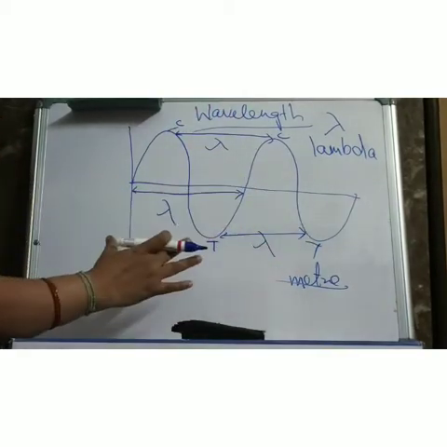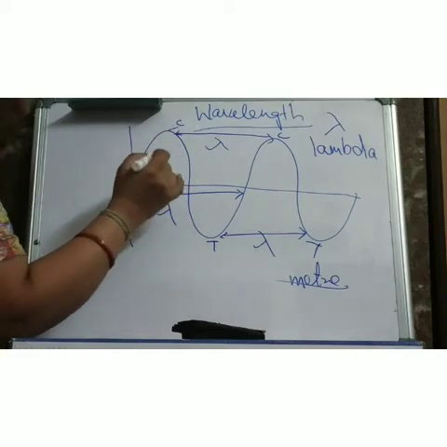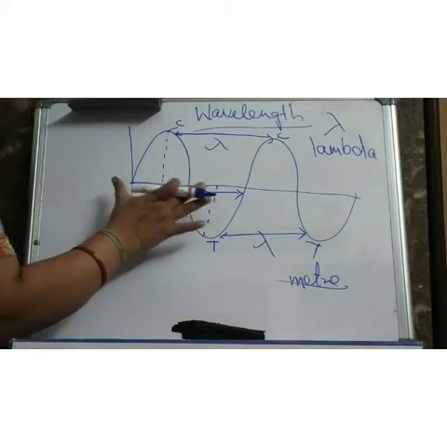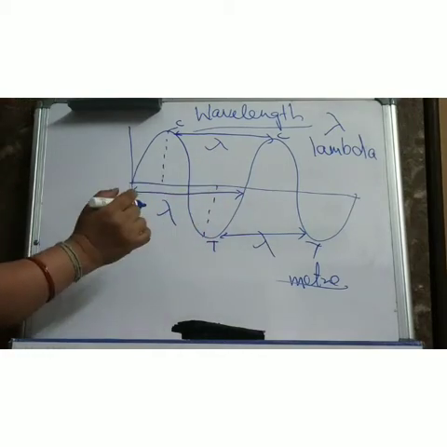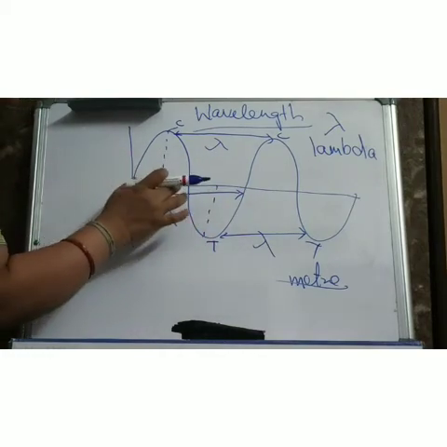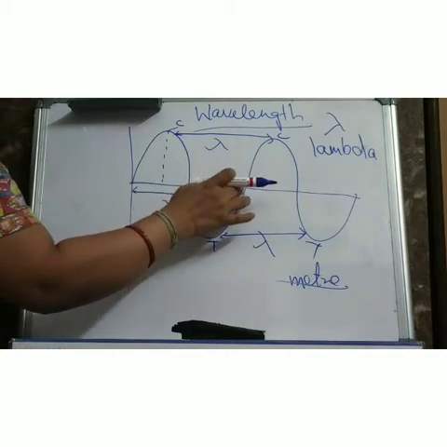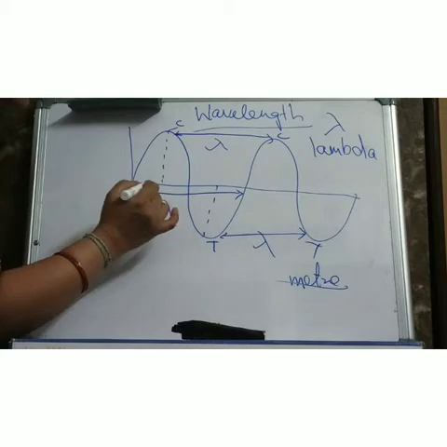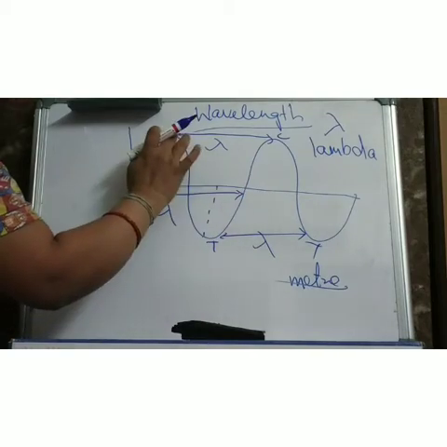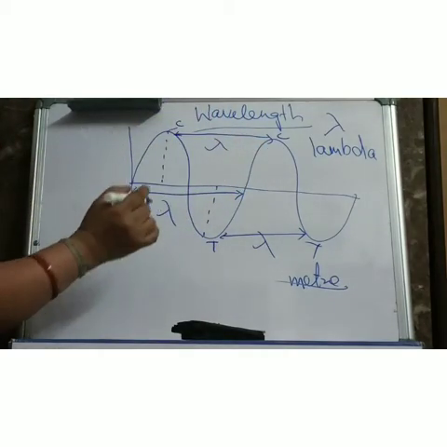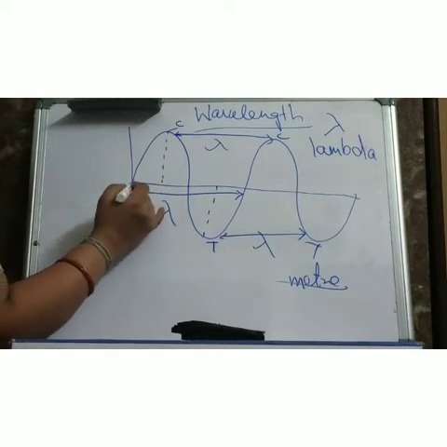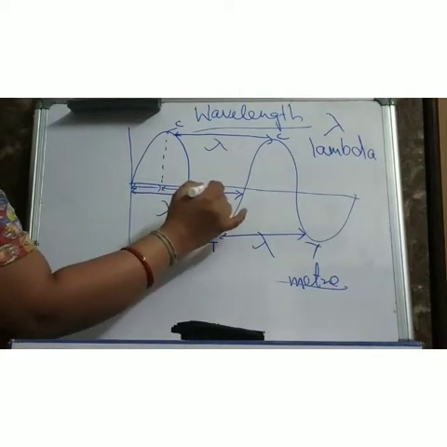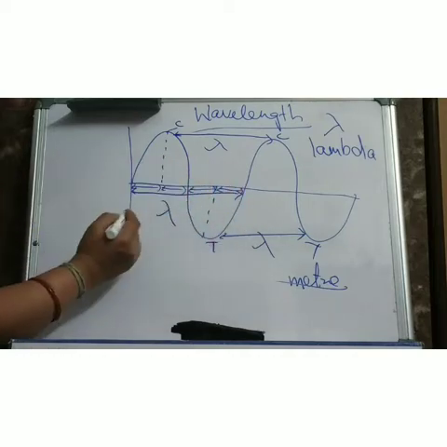So this can be a wavelength, this can be wavelength, they are all the same. How is it? See, if this is lambda, so this will be lambda by 2 and this will be lambda by 2. So half of this. This is lambda by 4, this is lambda by 4, this is lambda by 4, this is lambda by 4.